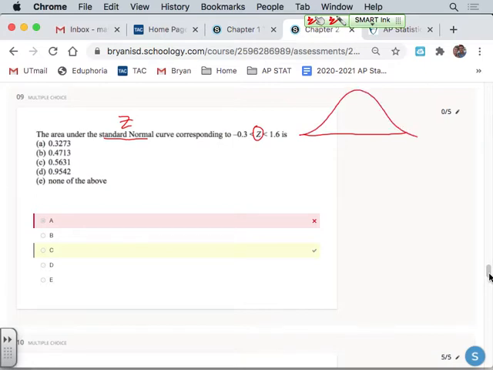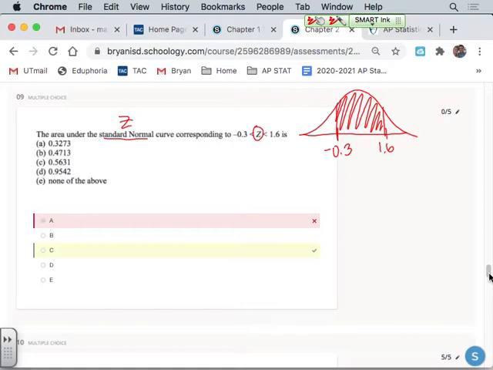Maybe that was the tough part of these multiple choices, that you didn't have scratch paper, or you can have your own empty notebook scratch paper too. But I've got a z-score of negative 0.3 to positive 1.6, and I'm wanting to know greater than that but less than that. What's the area between those two?